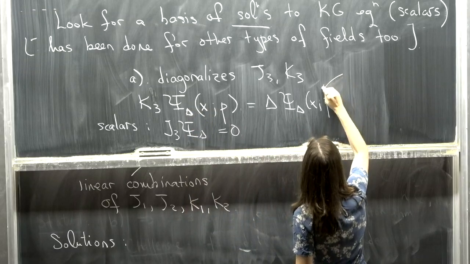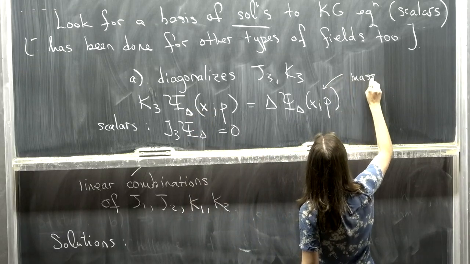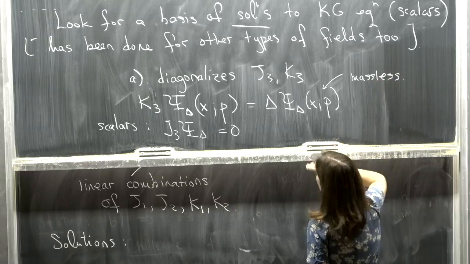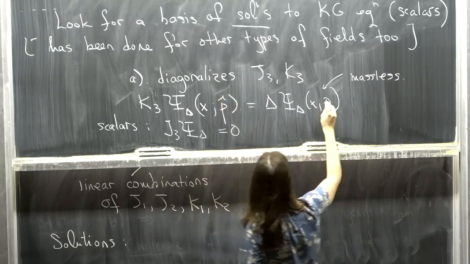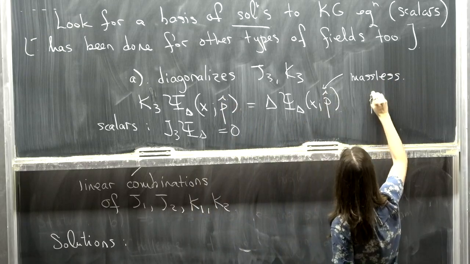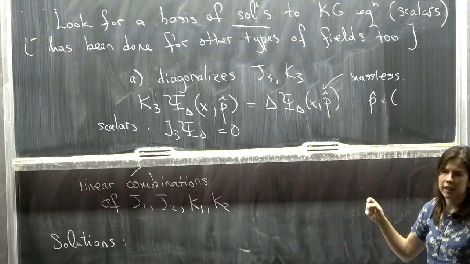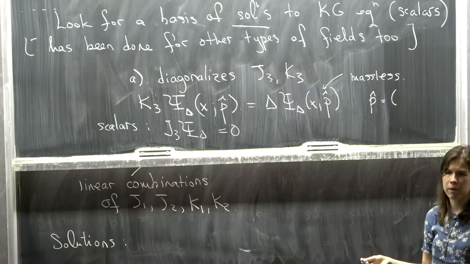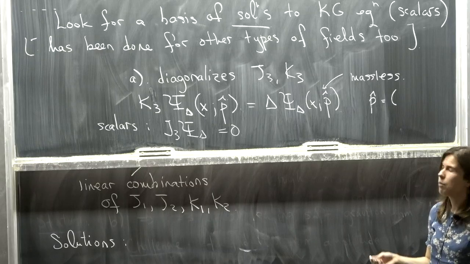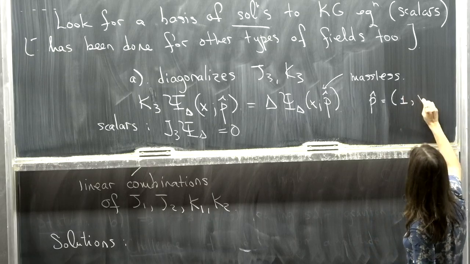for massless particles, I am going to introduce a hat here, and this p hat is just going to be a null vector in space-time that is parametrized by a point on the sphere, so by z and z bar, so it's going to look something like this.